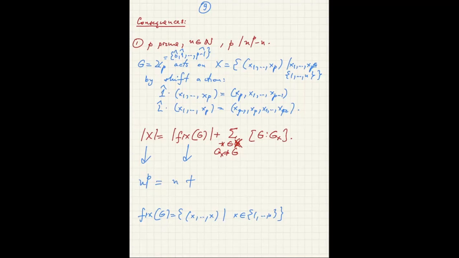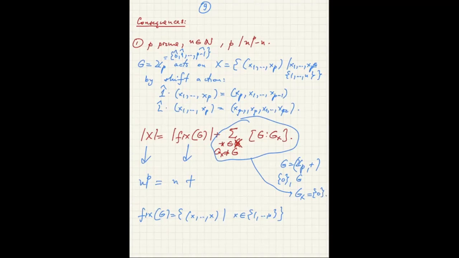Now plus, what type of terms are we going to get here? Well, G consists of the integers mod p with addition, and the only subgroups of this group are 0 and the group itself. Now here we're taking the index of a subgroup G_x which is not G itself, so that means this subgroup G_x has to be 0.